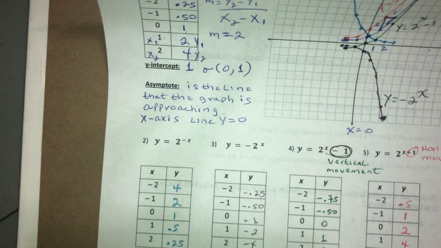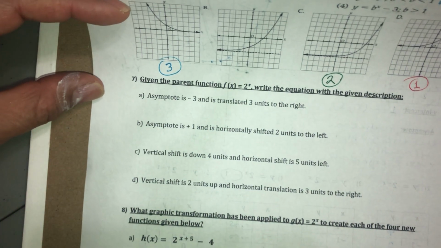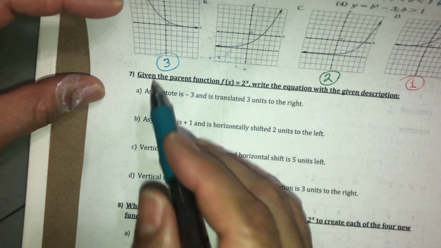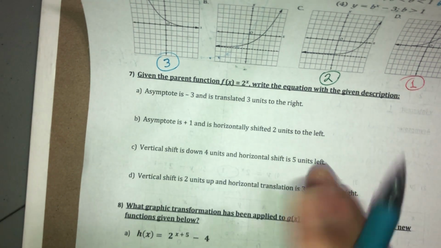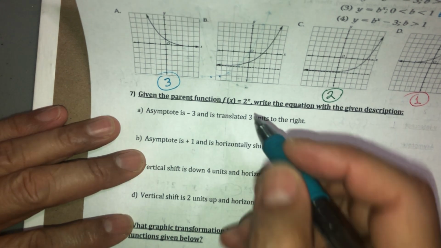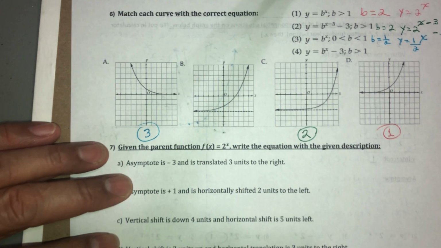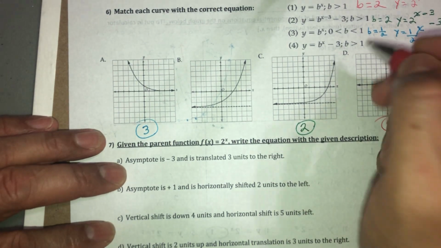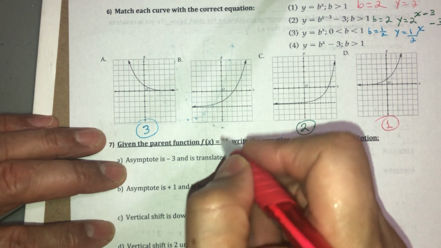But in here, the x is not negative, but the base is a fraction. It's a number less than 1. That's why it also reflects over the y-axis. So therefore, this has to be choice 4.